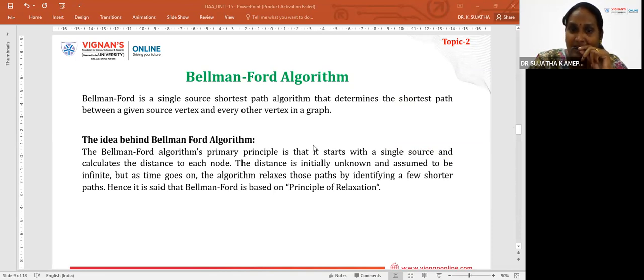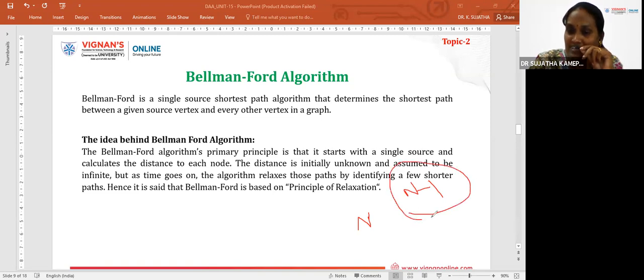Now, how the principle of relaxation is applied: if your graph contains n vertices, all the edges should be relaxed n minus 1 times to compute the single source shortest path problem.